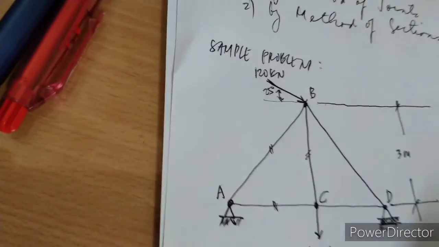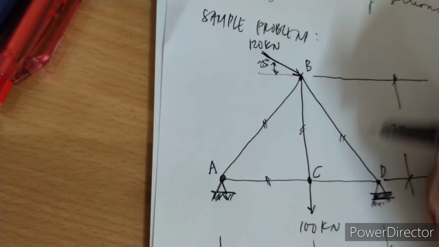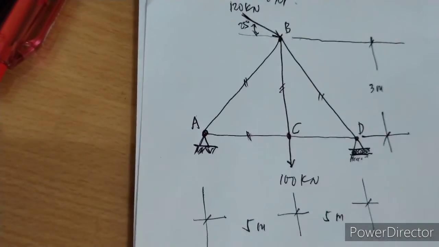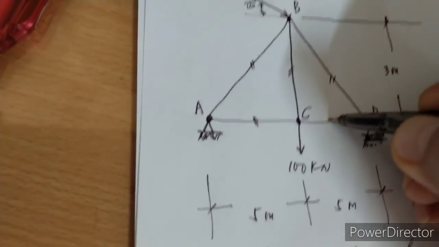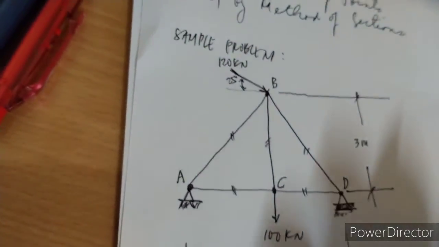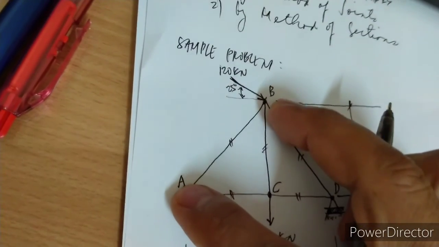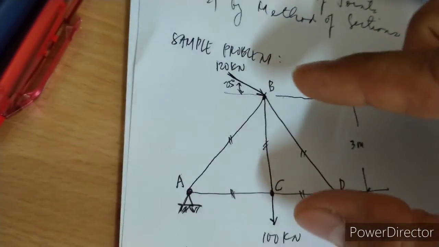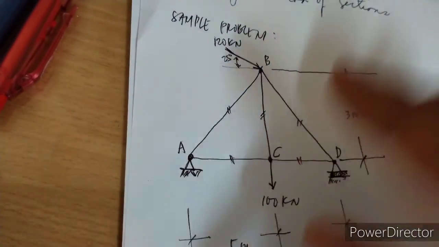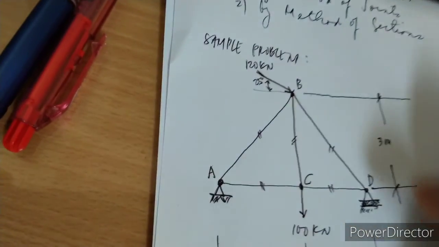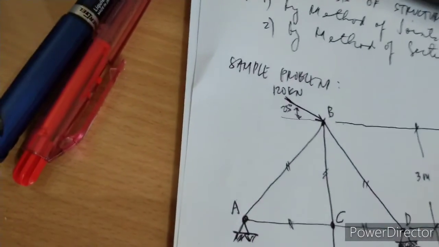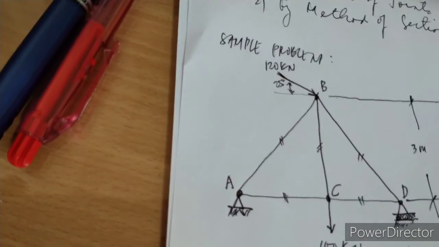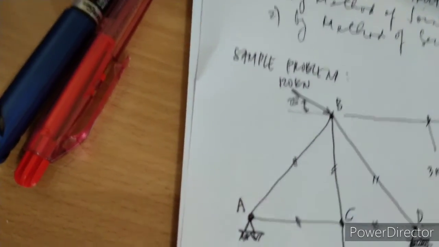The next is member BD, of the truss, and last but not least we have CD. If you will notice, this member is called member AB, this is AC, this is BC, this is BD, and that is CD. Those members compose the truss.